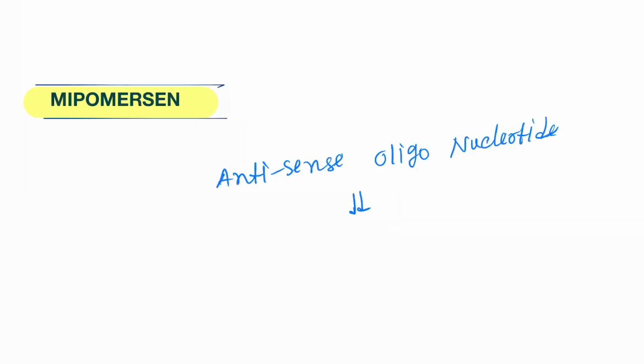Next category is mipomersen. They are antisense oligonucleotides, which result in a decrease in ApoB100 production.